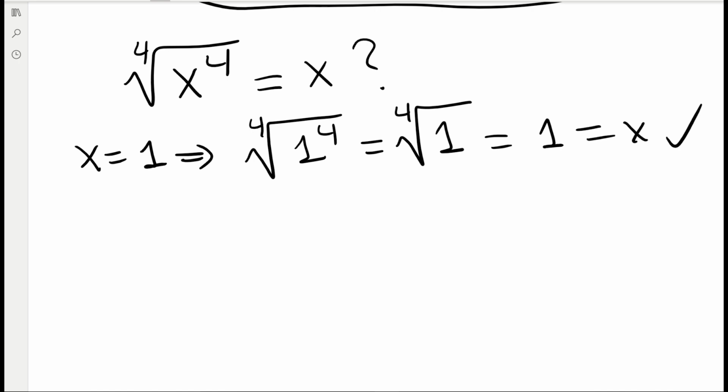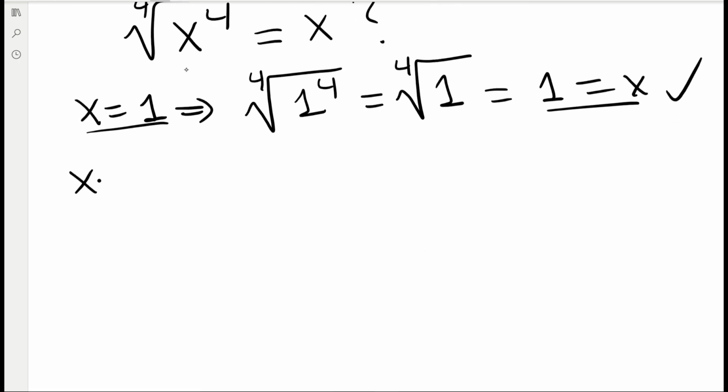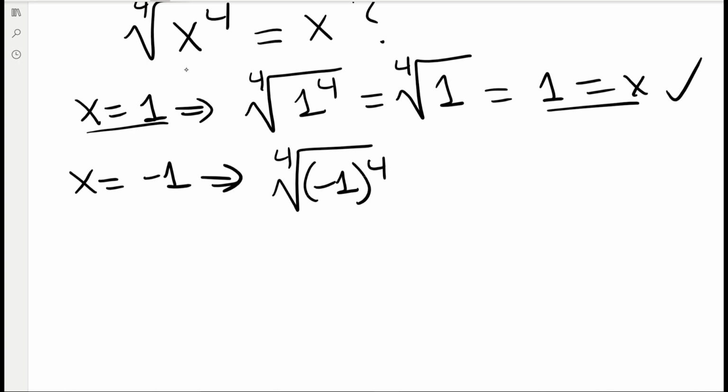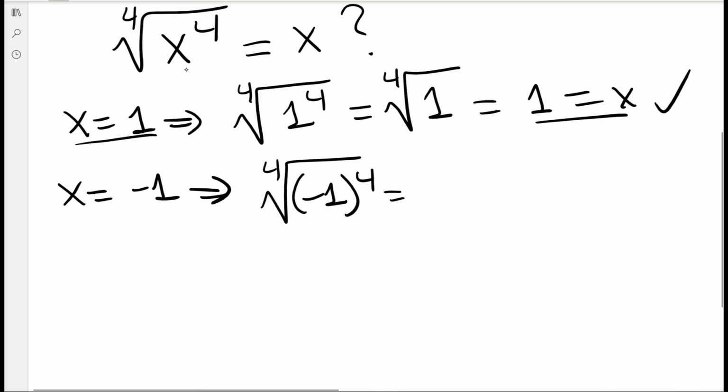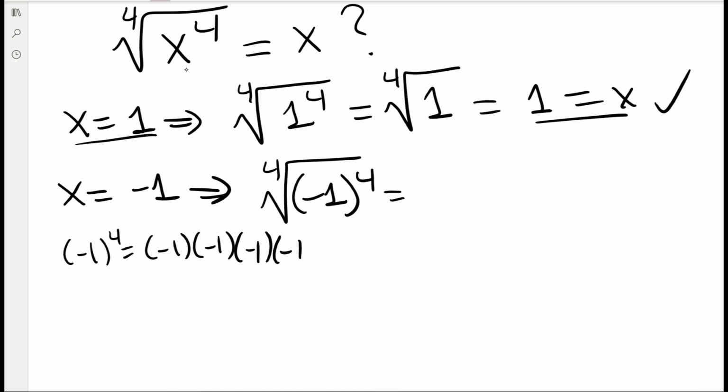So this actually works, right? x is equal to 1. That's what we said it was earlier. What about if we plug in -1? Then we have the 4th root of -1 to the 4th. What's -1 to the 4th power? Let's write it over here. -1 to the 4th power is -1 times -1 times -1 times -1.